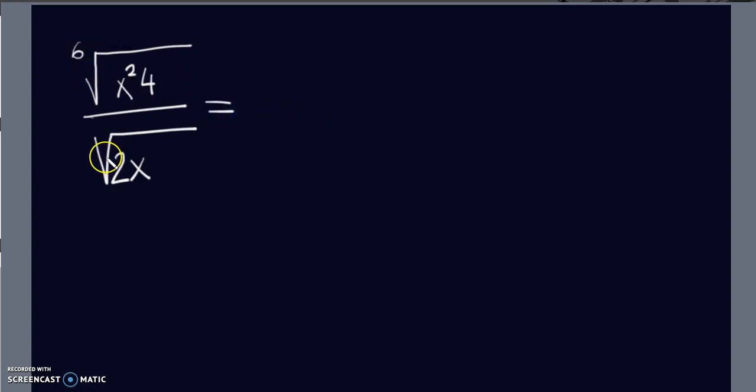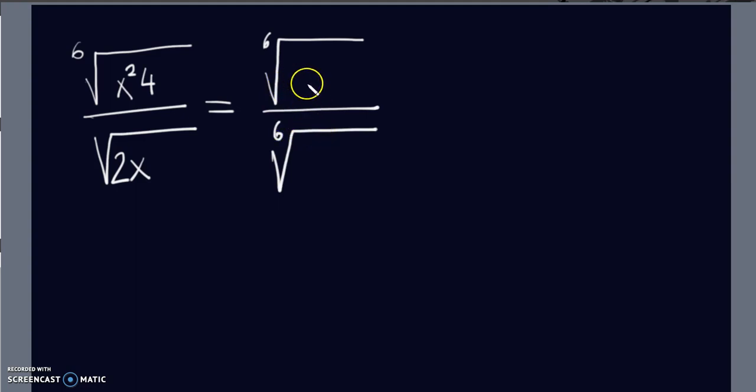Well, I don't have the same index in both radicals, so I have to put everything with the same index. So the LCM between 6 and 2 is 6. So I write both radicals with index 6. The numerator doesn't change, it is the same. Let me write the 4 better in front of the x, okay?